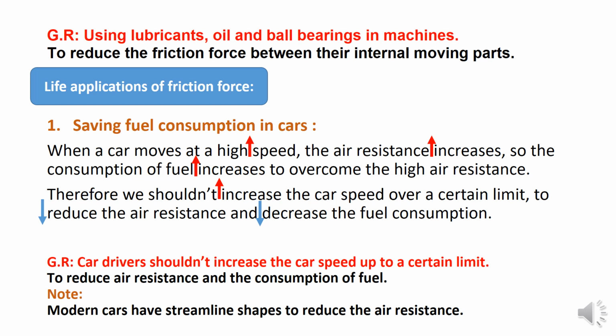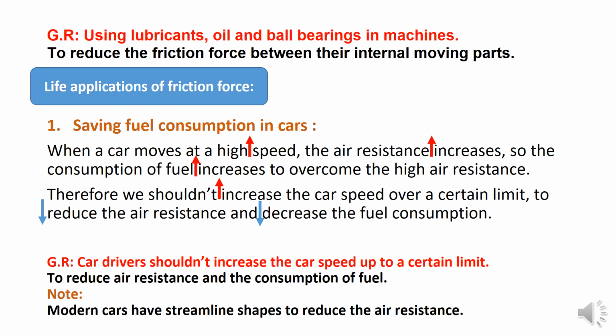It means that you should decrease the car speed to 60 kilometers per hour, because if you move the car at a high speed, it will need more fuel for consumption.